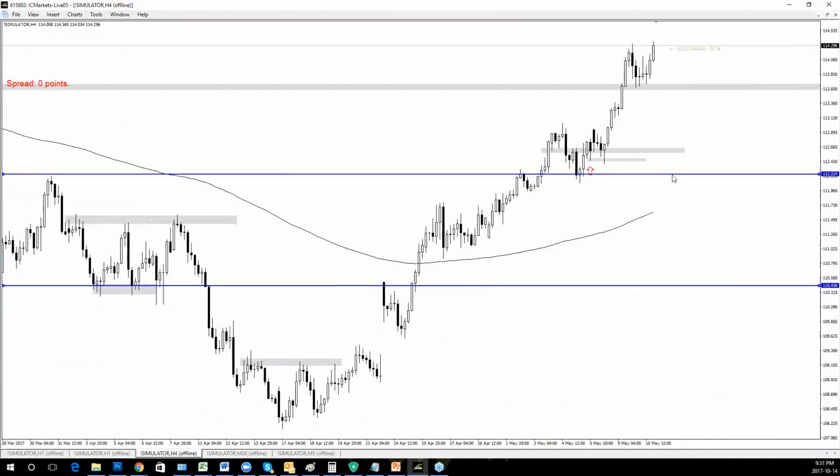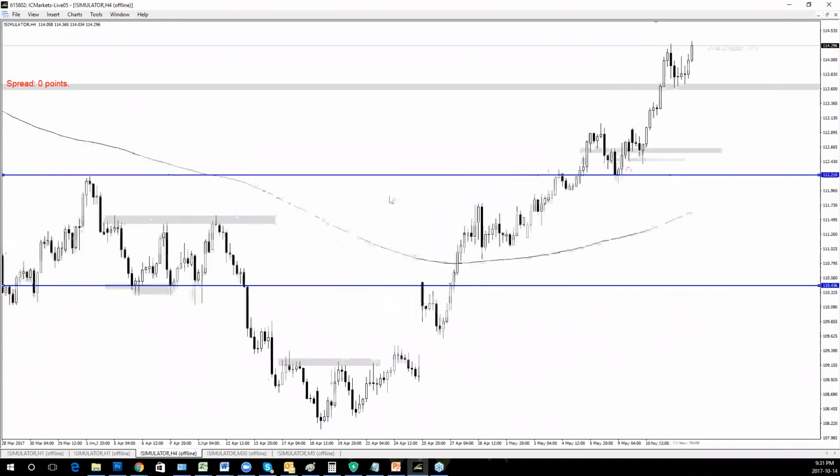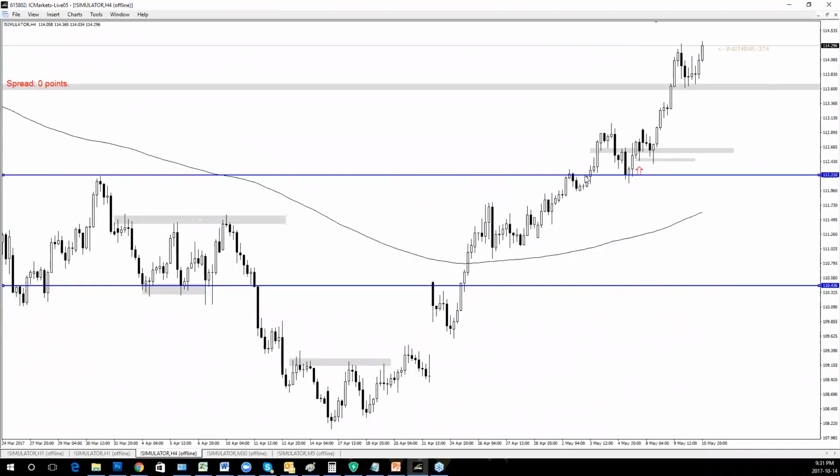And then same thing here. Same thing here. Look at this. Look at when this 4-hour candle closed, and you look left. Look at this area, and look over here. You see, it rejected it. It went up.